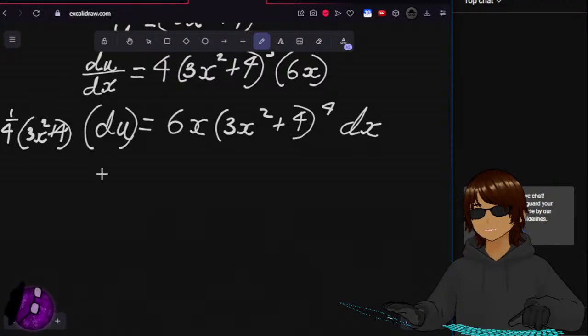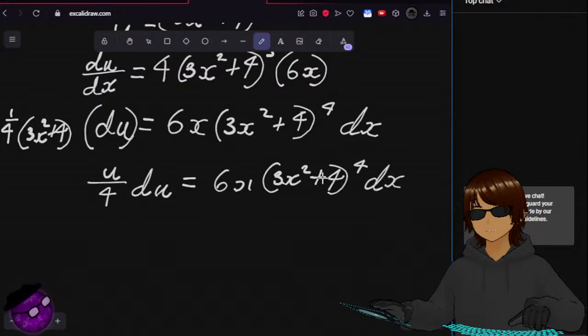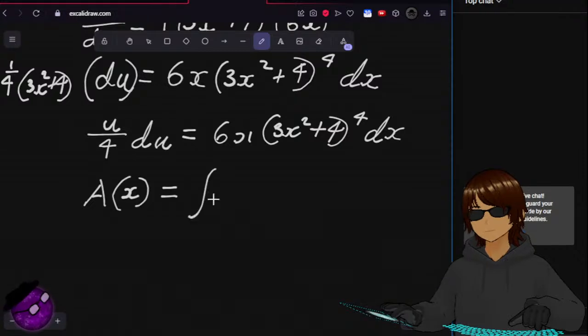So I can write u over 4 is equal to, so going back to the integral, u over 4 du.